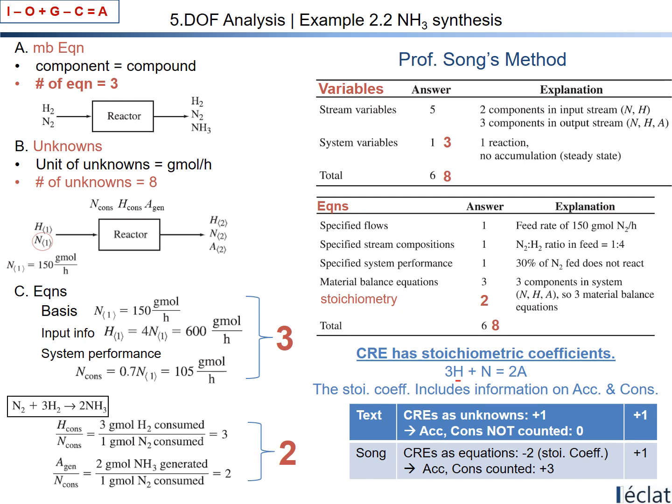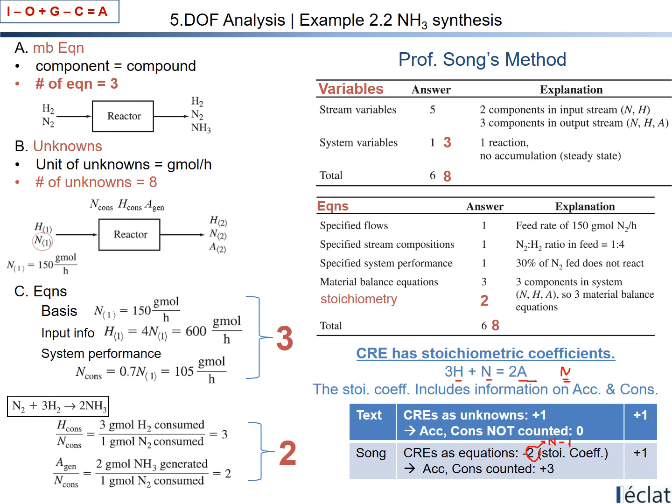Right now you have 3 entities, but if you have n entities, then your number of independent stoichiometric coefficients would be n minus 1. N minus 1. Okay, that's it.